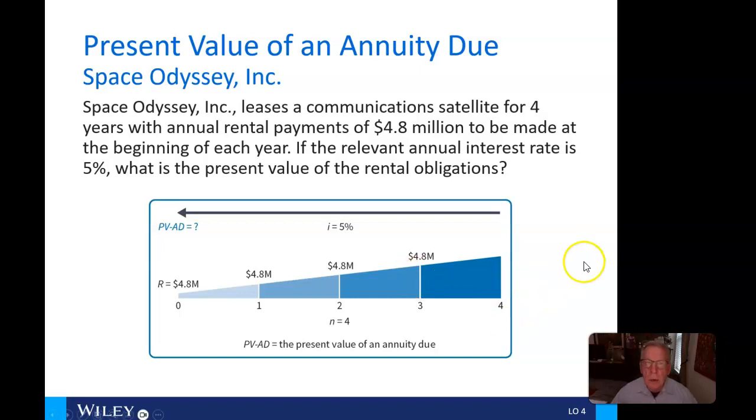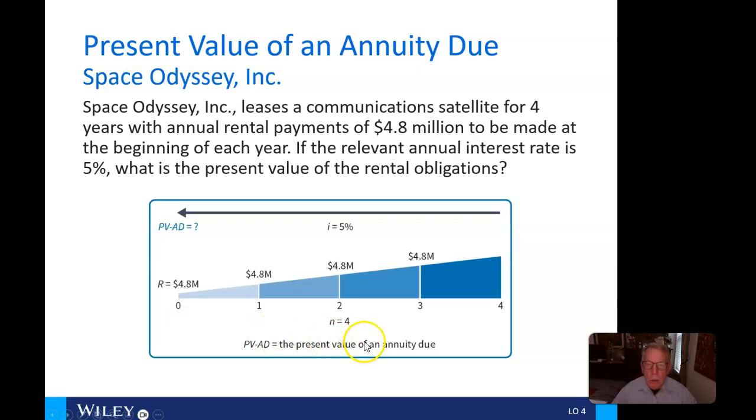Okay, so here's an example of an annuity due. Space Odyssey leases a communication satellite for 4 years with annual rental payments of $4.8 million to be made at the beginning of each year. If the relevant annual interest rate is 5%, what is the present value of those rental obligations? So now you can see that this is starting at period 0. This is going to be an annuity due.